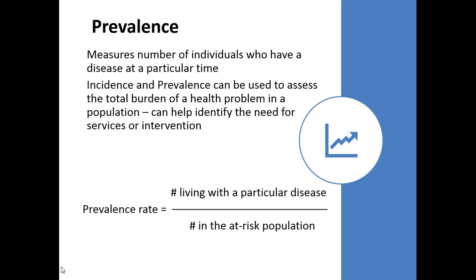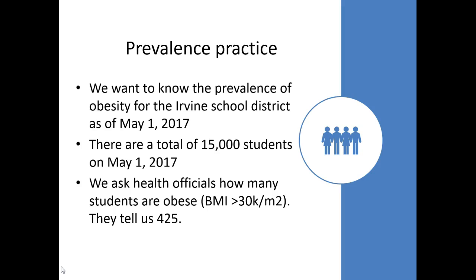So to calculate prevalence, we take the number of people living with a particular disease and we divide it by the number of people in the at-risk population. Here's our practice. We want to know the prevalence of obesity for the Irvine School District as of May 1st, 2017.